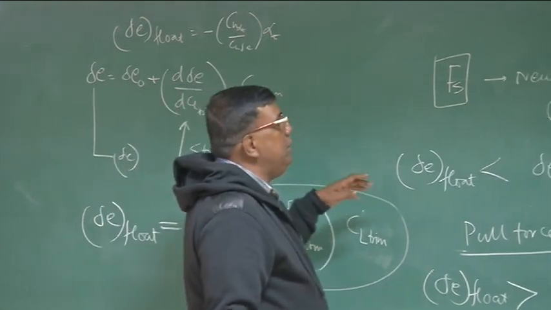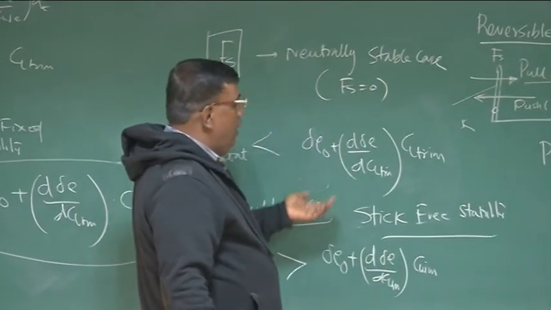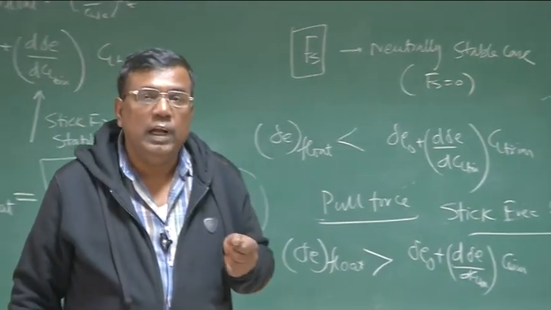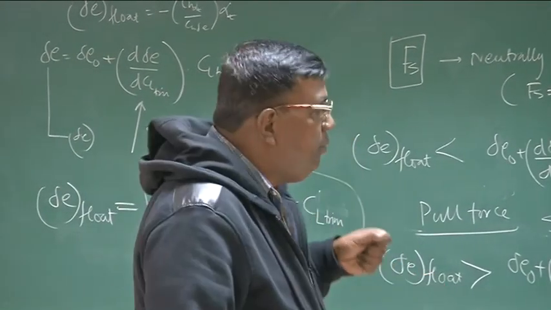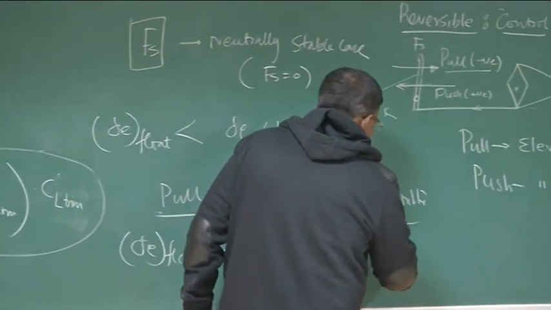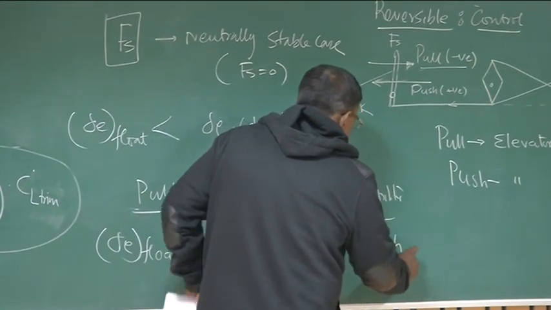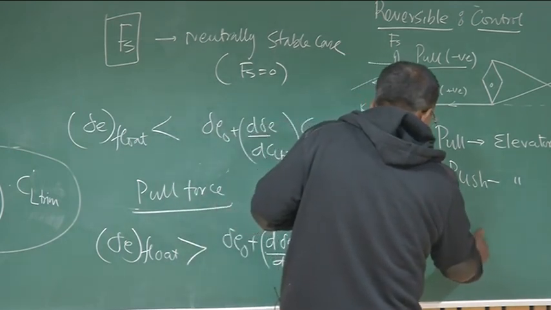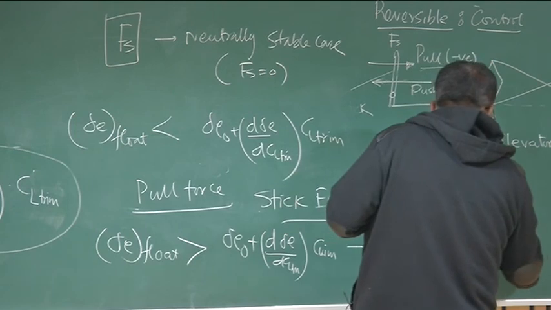As I was giving the example, if 5 degrees was required, now by floating it has become 6 degrees. So the pilot has to reduce that elevator, so he has to push, and this is stick free unstable.